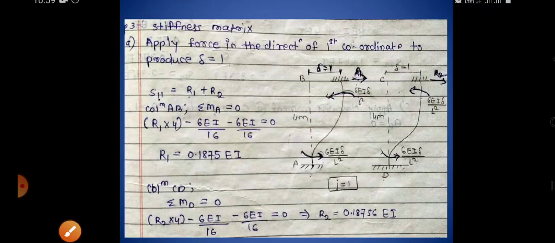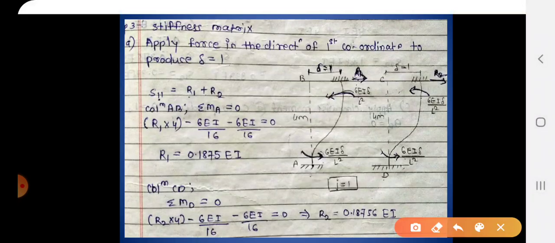Then next, what will be the action corresponding to the second redundant? The second redundant is rotation at B. Therefore, the moment at B will be the second value and the moment at C will be the third value, which will be S21 and S31.